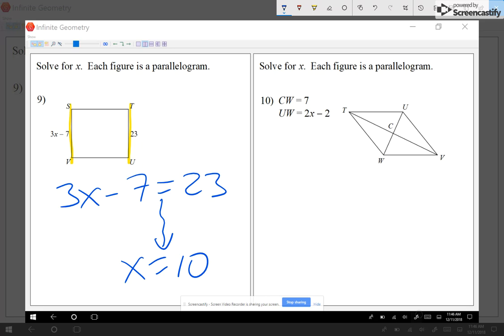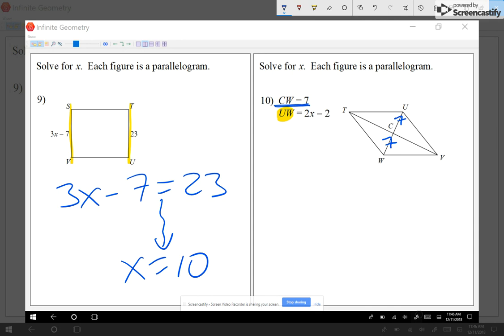Looking at question number 10, I'm telling you that CW is 7. So from C to W, this part is 7. I'm going to say from C to U is also 7. The diagonals in a parallelogram get cut in half. Now, my question here is UW equals something.